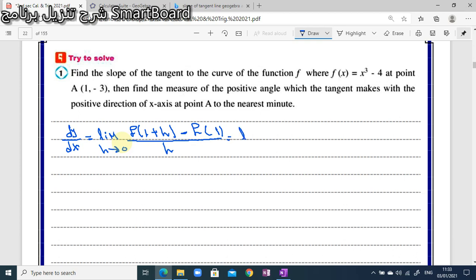So it will be the limit as h approaches 0 of f of 1 plus h, which will be (1 plus h) power 3 minus 4, minus (1 power 3 minus 4), all over h.